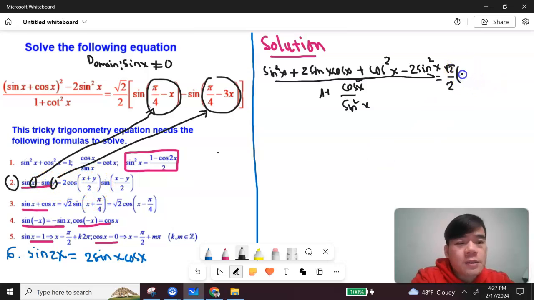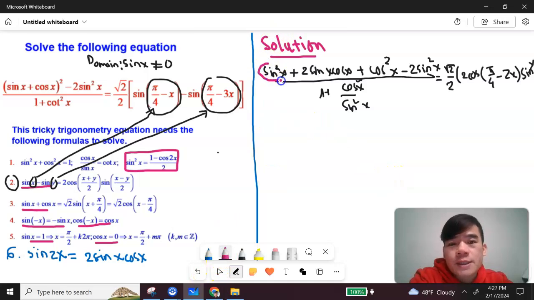It could be 2 cosine pi over 4 minus 2s times sine s. Right, if we do it correctly, it should be like this. Now we just simplify: sine square s and cosine square s should be 1. And then the formula 2 sine s cosine s equals sine 2s.